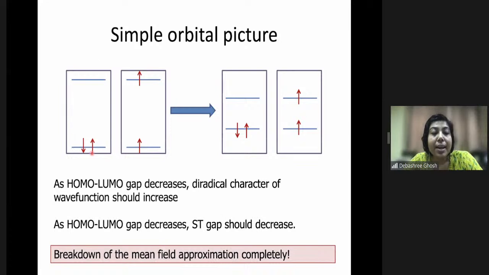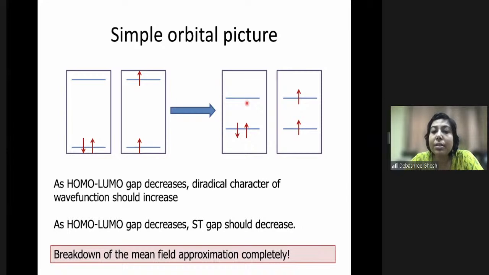So let's say I have the HOMO and the LUMO, where the HOMO-LUMO gap is pretty high. Then the singlet triplet gap will also be pretty high, because it is the difference in energy between this state and this state. On the other hand, when the HOMO-LUMO gap reduces, the singlet triplet gap also should be lower. But similarly, the diradical nature, as in one electron here and one electron there, will become more probable because this gap has kind of closed down.